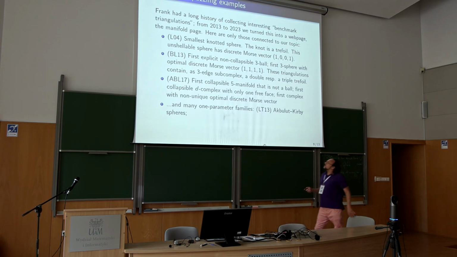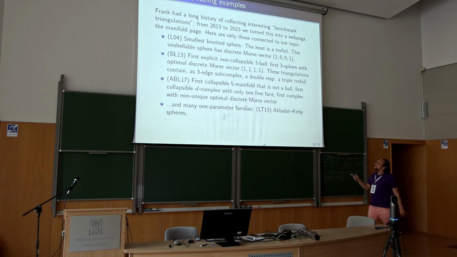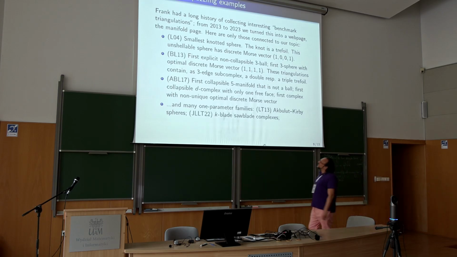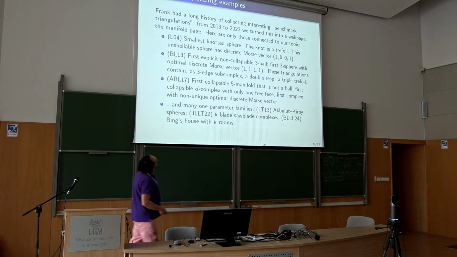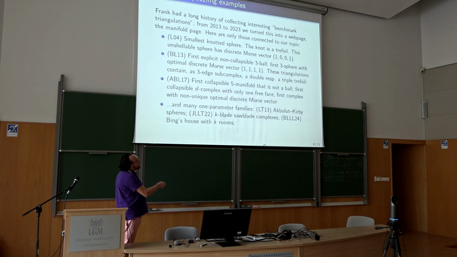Also in his work, Frank liked a lot one-parameter families. So the absolute curvy spheres were explained in the previous talk. You see, I prepared this without knowing the previous talk. The Kalai-Sarkaria complexes were also explained in the previous talk. And Bing's houses with k rooms is a tool that is explained in the paper I'm going to be speaking about next. Bing's house with 2 rooms is a classical construction from the 60s.